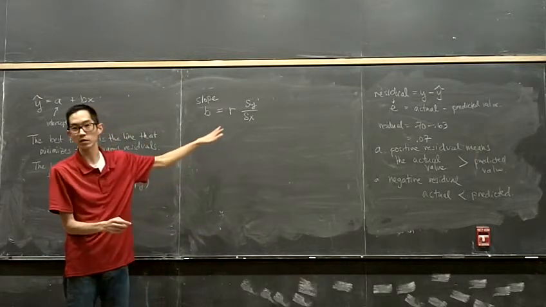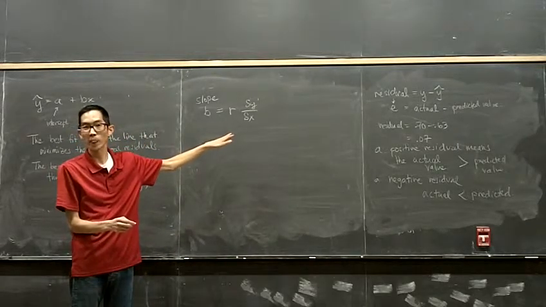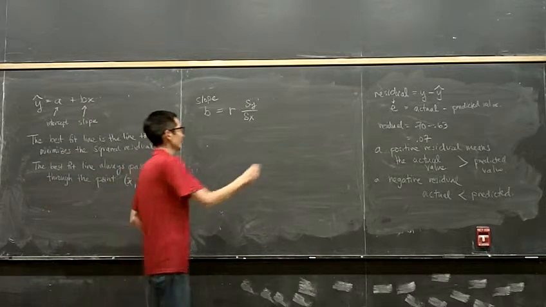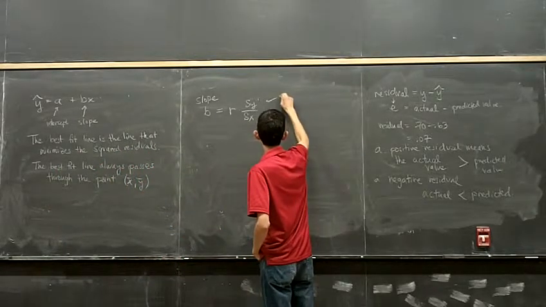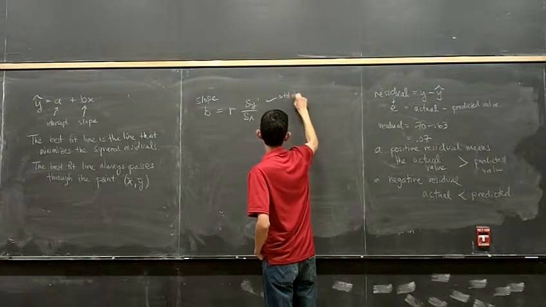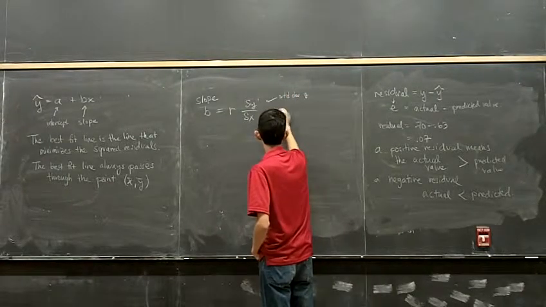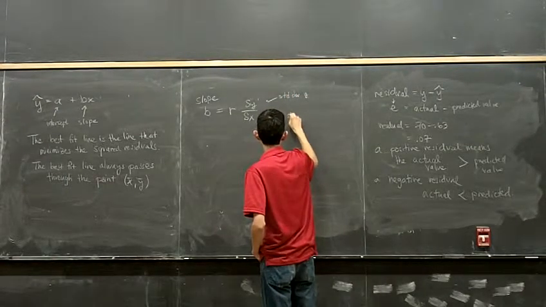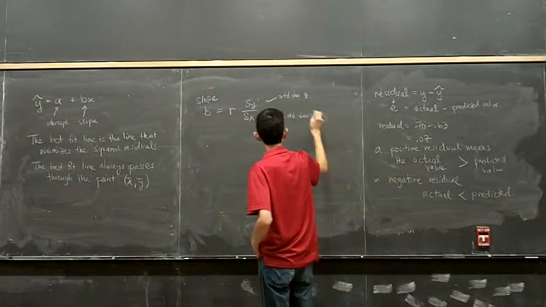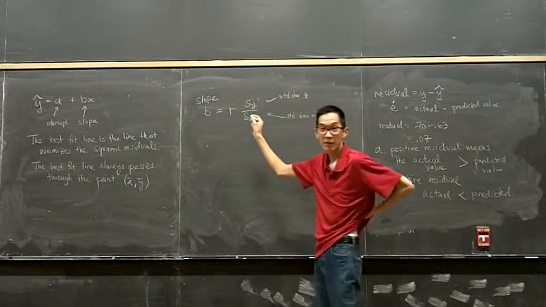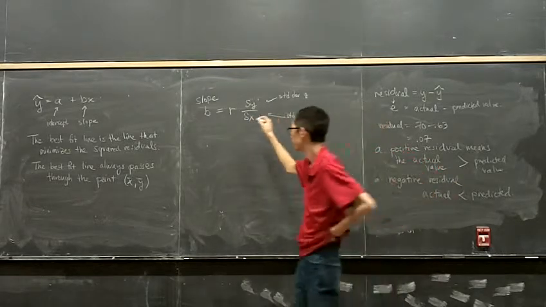Do I need to write that, or is that okay? What was that again? Can you say it one more time? S sub y is the standard deviation of y, and s sub x is the standard deviation of x. What's r? The correlation.